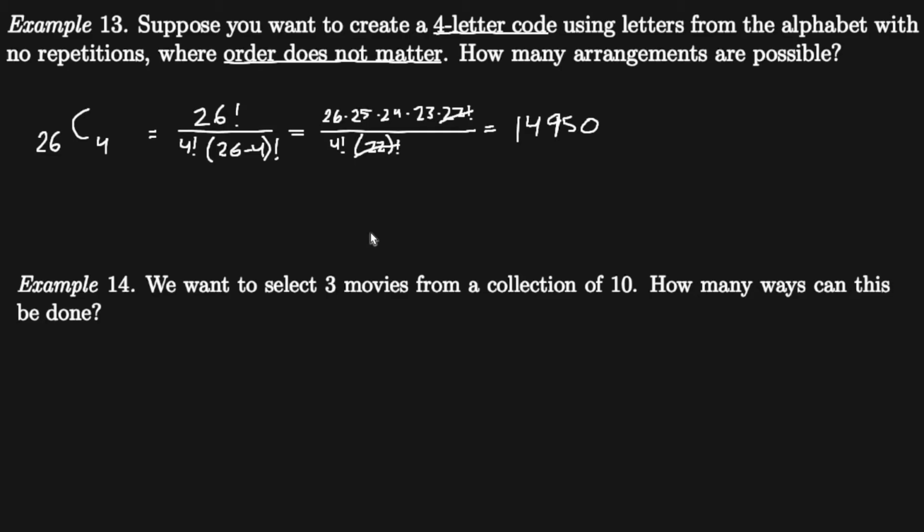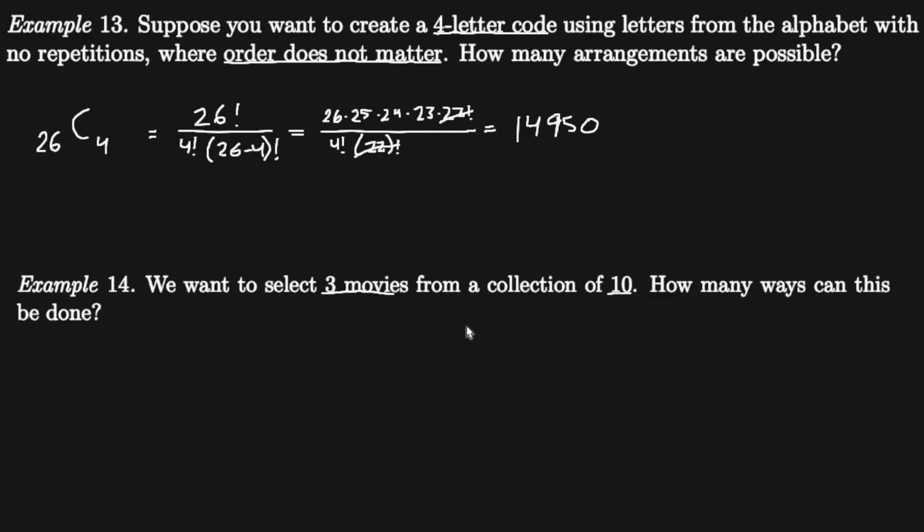Now we can move on to example 14, which says we want to select 3 movies from a collection of 10. How many ways can this be done? So this is another form of combination. We want to select 3 movies in a collection of 10.